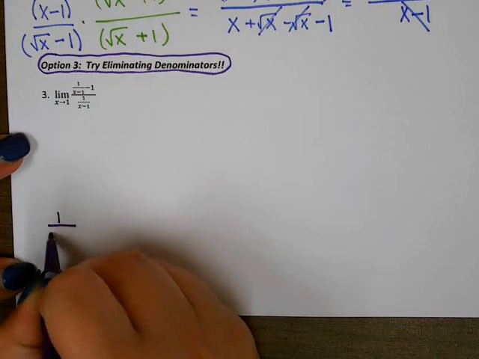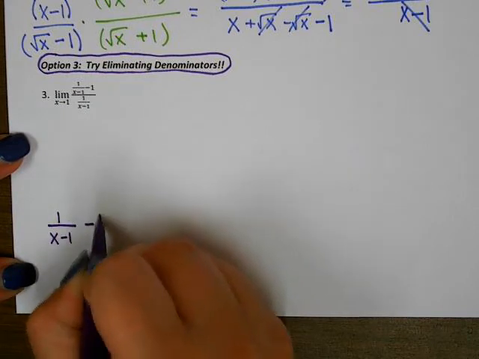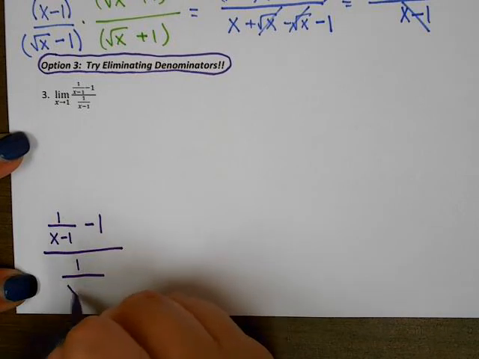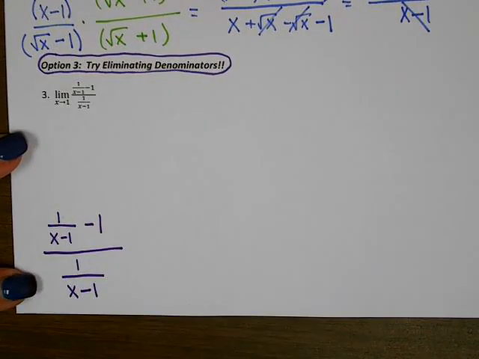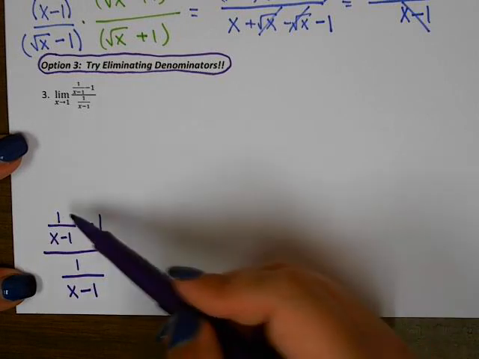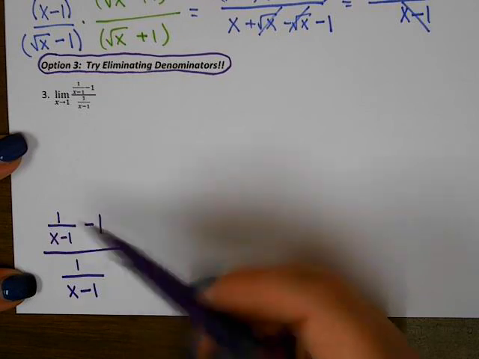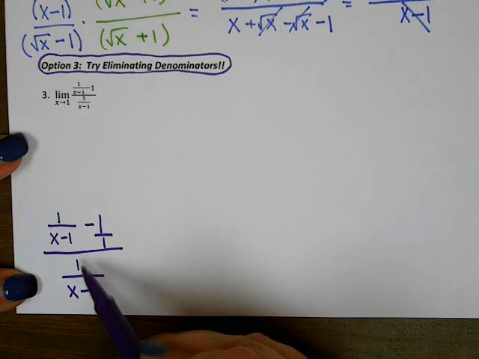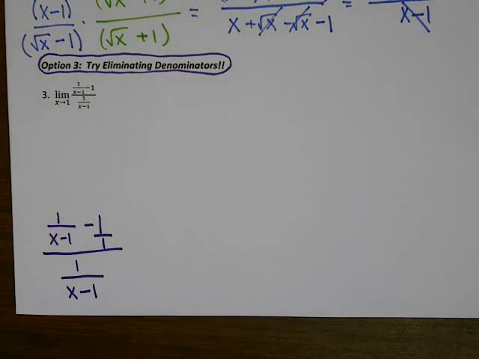So it's 1 over x minus 1 minus 1 all over 1 over x minus 1. So I always start out by making sure that every single piece of my fraction is actually a fraction. So 1 over x minus 1, that's already a fraction. I'm going to make this 1 over 1. And then this piece here is 1 over x minus 1.